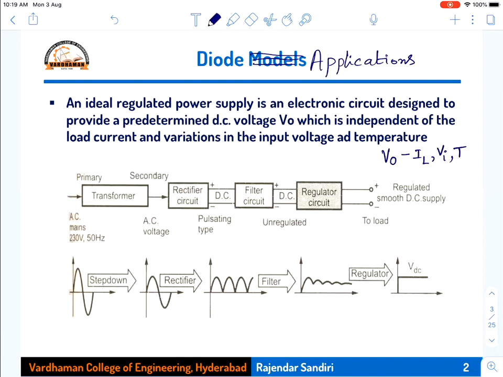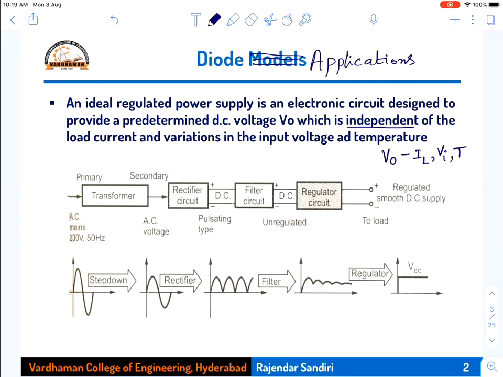Here IL is the load current, VI is the input voltage, which is the AC voltage, and T is the temperature. If any one, two, or all of these parameters change, the output voltage should remain constant. That is what we mean by the output voltage being independent of all three variables. Only then can we call it an ideal voltage regulator or ideal regulated power supply.